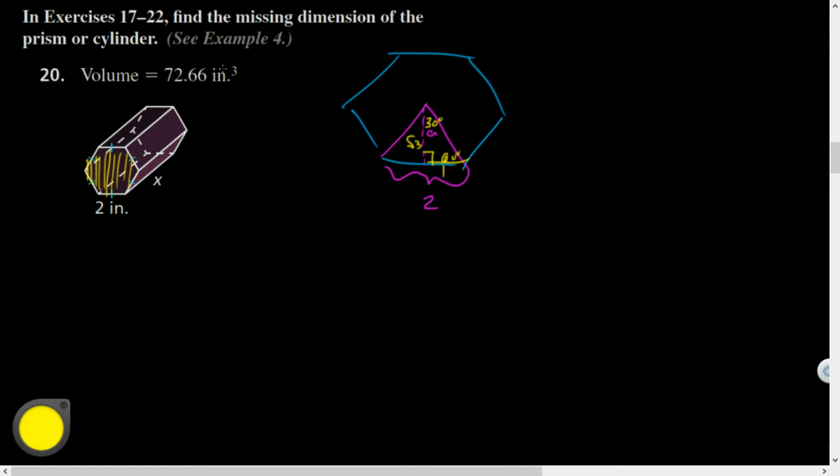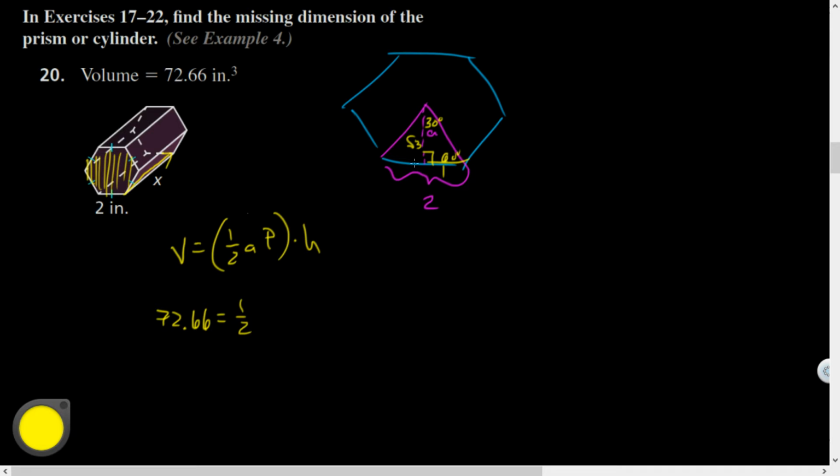So I know the volume, and I'm looking for the height of this hexagonal prism. So the volume is going to equal the area of the base, which is half the apothem times perimeter, and then multiply that base times the height of the prism. So let's plug in what I know and solve for what I don't. 72.66 is equal to, fortunately this is in inches cubed and this is in inches, verify that my units are working with the same dimension, even if one is cubed and one is linear.